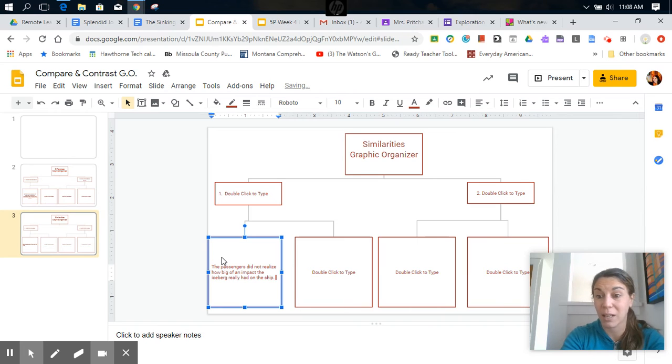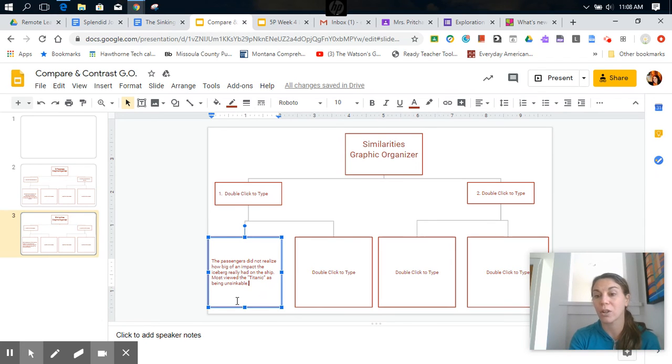I think a similarity is most viewed Titanic as being unsinkable, right? So in both articles, no one could really believe that this could happen because everyone said this ship is unsinkable.